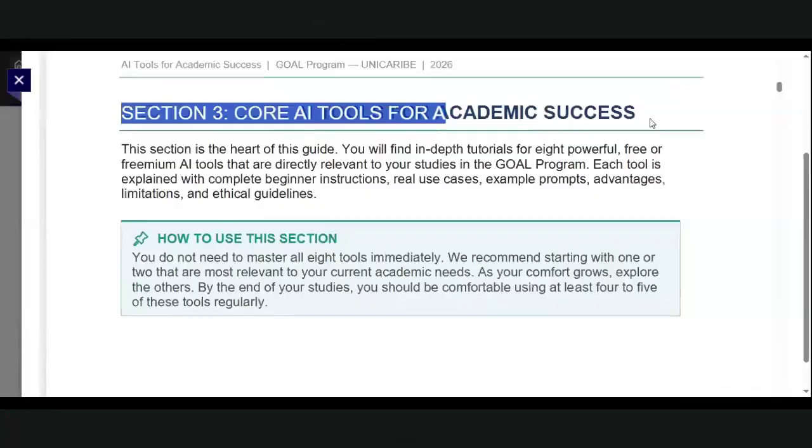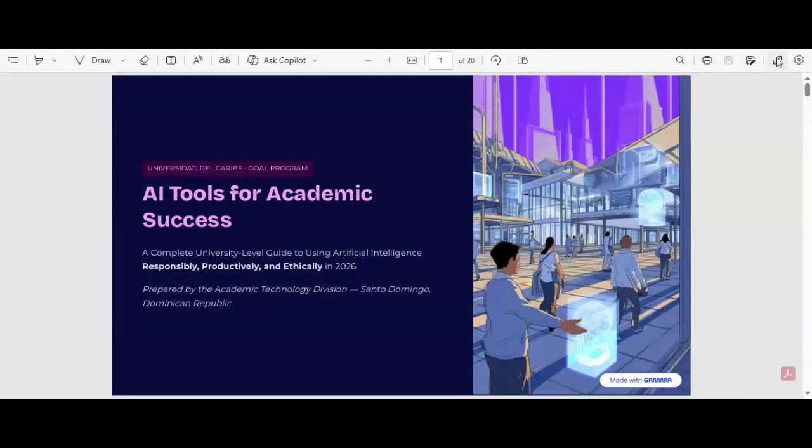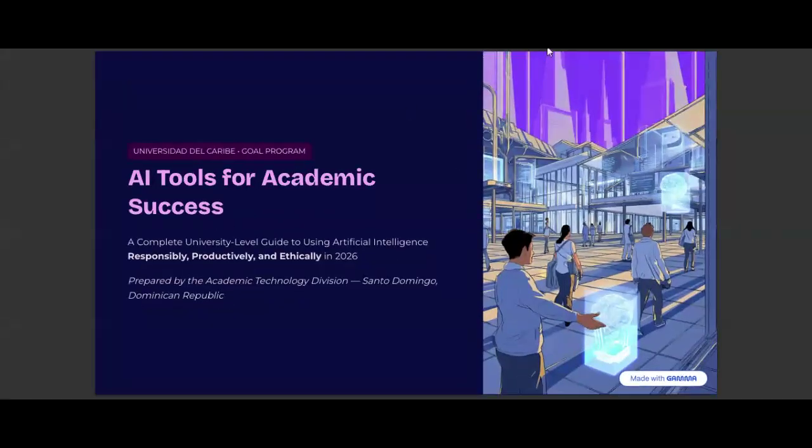Let's see. Here we go. AI tools for academic success.